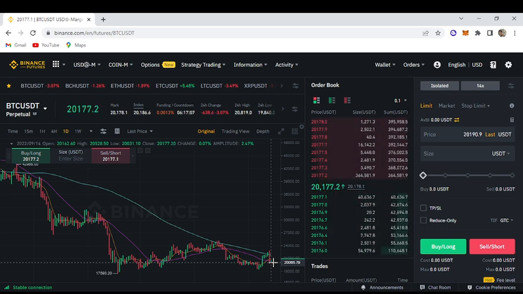As you have 10x leverage, you don't lose 10% of your money, you lose 100% of your money, so you get zero in your account. That's a very risky play.